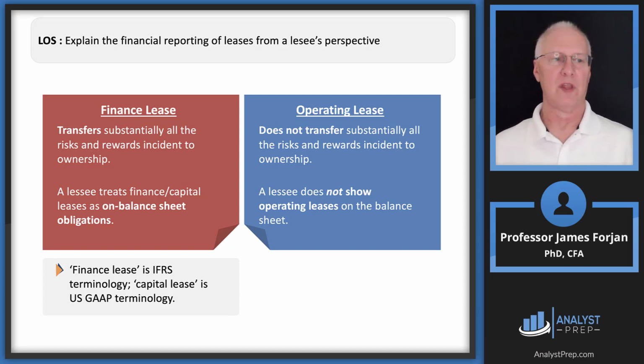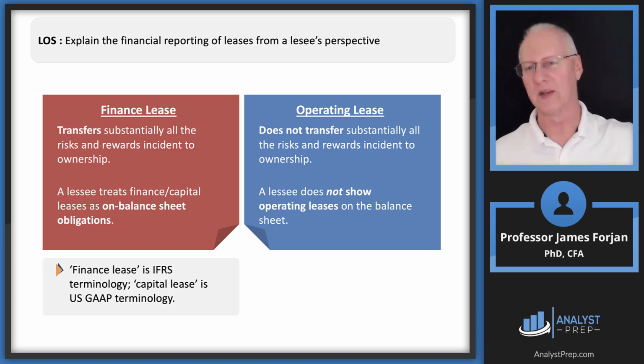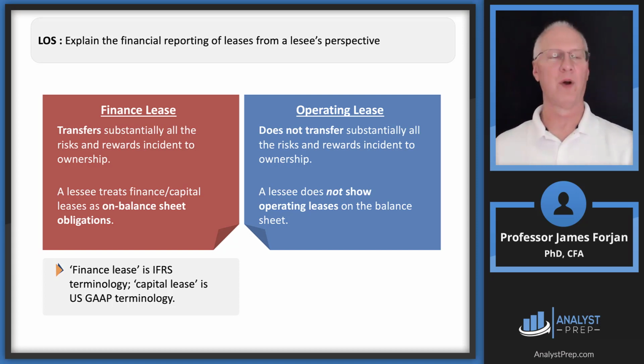This is the lease that looks an awful lot like rent. I'm guessing that you all went to college sometime and during your senior year or maybe during graduate school, you got out of the dorms and rented an apartment and signed a lease. This is what an operating lease is. You just kind of rent. It does not transfer substantially all the risks and rewards incident to ownership.